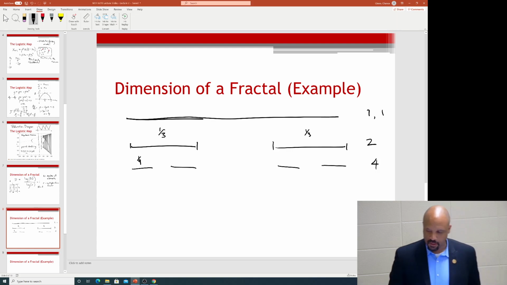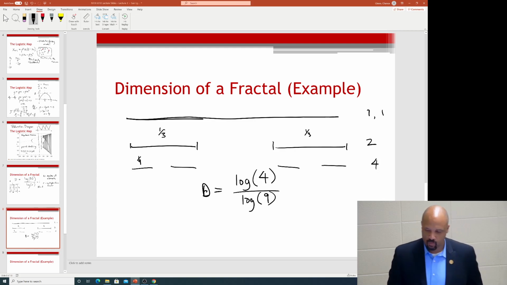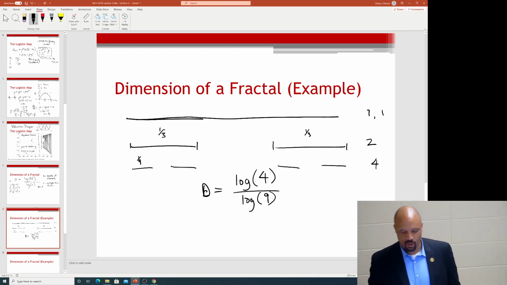So here you can see that the dimension, I use capital D, is equal to the log of 4 over the log of 9, because the multiplication factor is 9, so it's 1 over that.